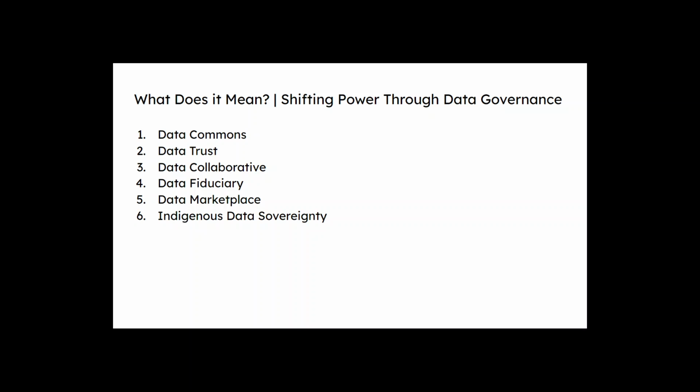It's also an approach that emphasizes self-determination and justice, because governments in the past have used information and data as a means to subject and control certain populations. So really the goal is self-determination and justice.